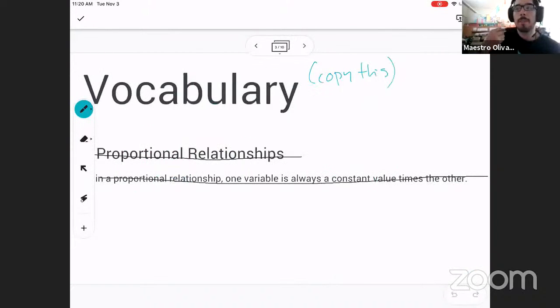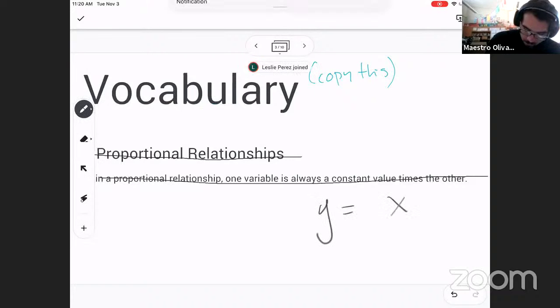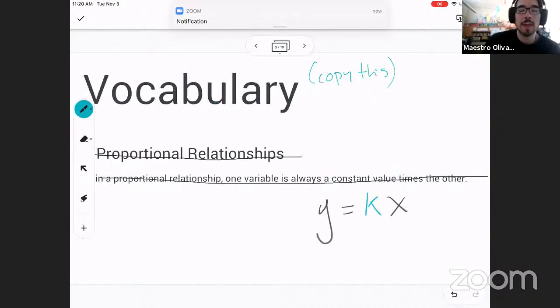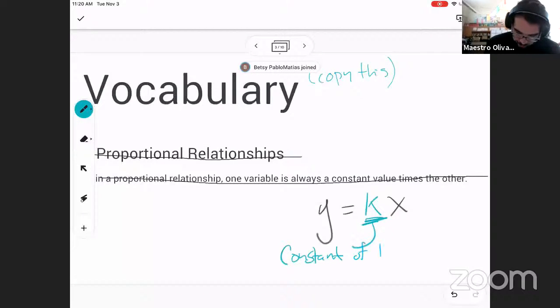Vocabulary, again, we're using the same vocabulary from yesterday, which is a proportional relationship. We're going to be looking at equations that look like this: y equals k times x, where k is simply your constant of proportionality.